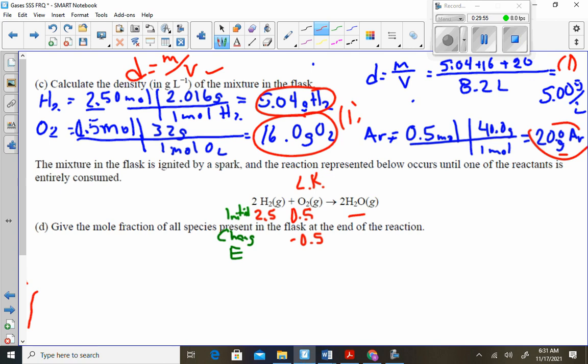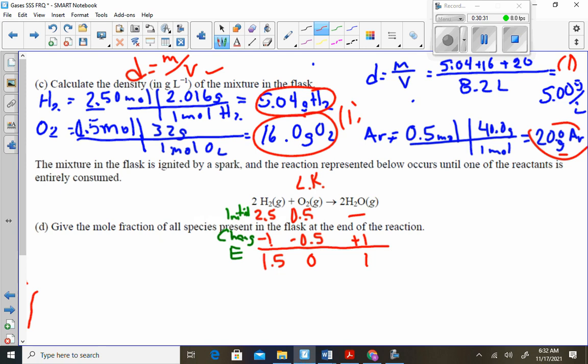If this reacts in a 1-to-2 ratio, we're going to use up 1 mole of hydrogen, and we're going to form 1 mole of H2O. And so at the end, when we add this up, if we have 2.5 moles that we started with of our excess reactant and we only used up 1 mole, we're going to have 1.5 moles of that left over. We're going to have 0 oxygen left over, and we're only going to form 1 mole of water.